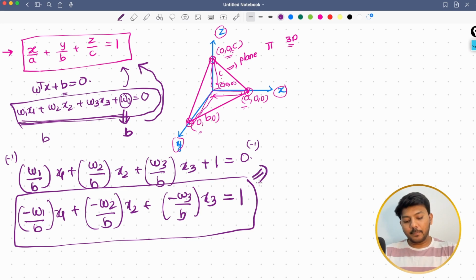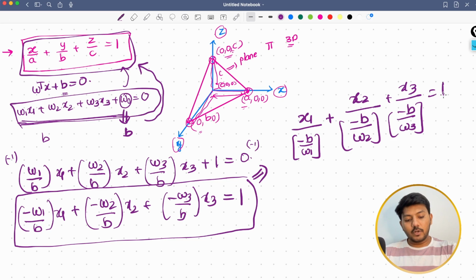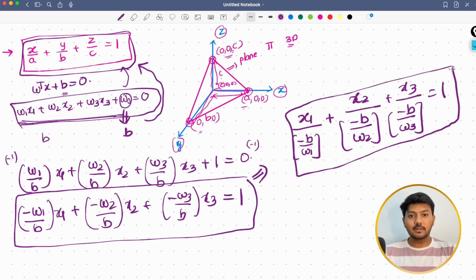So if I have to approximate this with this one, my equation would look like this: x1 by minus b by w1 plus x2 by minus b by w2 plus x3 by minus b by w3 equal to 1. So if I have to generalize the equation with a, b, c, this will become a, this will become b and this will become c.